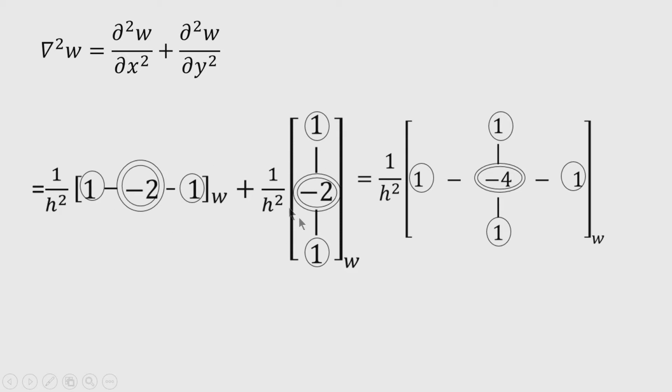So, after addition of this, you can see that the Laplacian operator appears in this form: 1 by h square times 1, then minus 4, 1, because minus 2 when added becomes minus 4, then 1 at the top and bottom, and again 1 at left and right. So, this Laplacian operator is important when we consider the plate under biaxial compression of equal magnitude in the buckling problem.